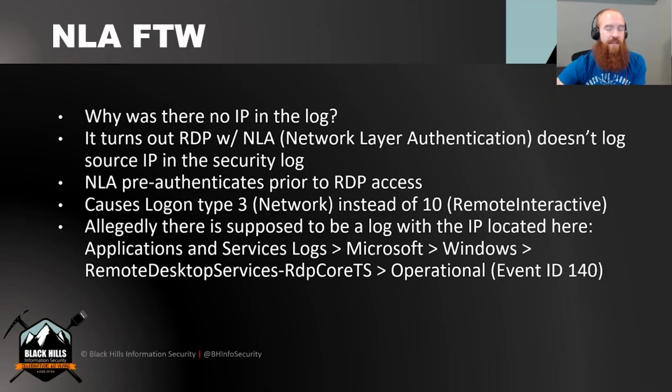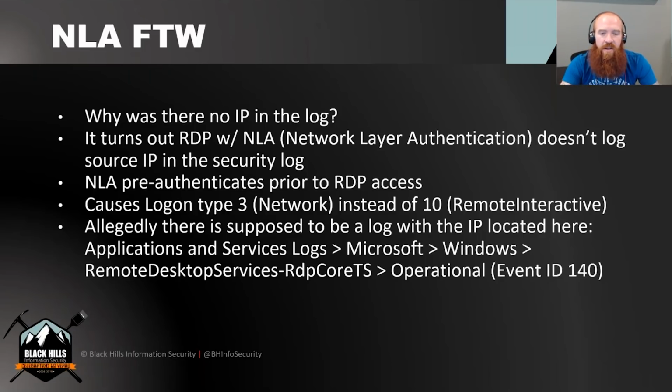It's allegedly supposed to be more secure because you're not getting to the GUI before logging in, but there's no IP address that gets logged at that point. I'll get to the point where I'm talking about updated servers having this, but at this point, Windows 2012 and back does not have the source IP. So I started digging into this, and I was wondering, well, this has got to be something that is well known. There's no way that I just found something like this. That seems like a huge issue to me.